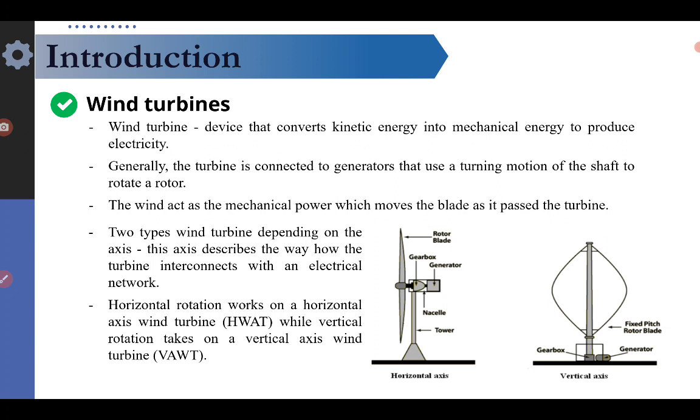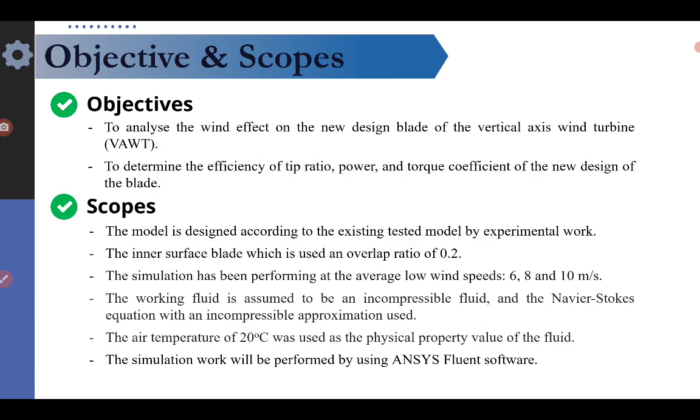One is the horizontal axis wind turbine, and the other is the vertical axis wind turbine, VAWT. Both depend on the axis of rotation of the blade.